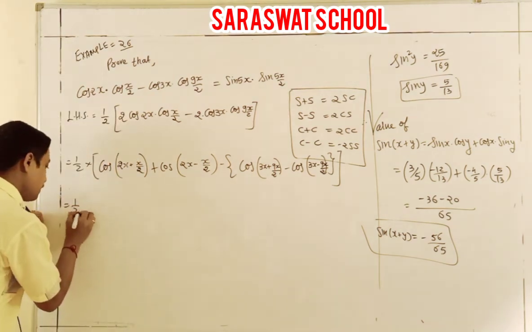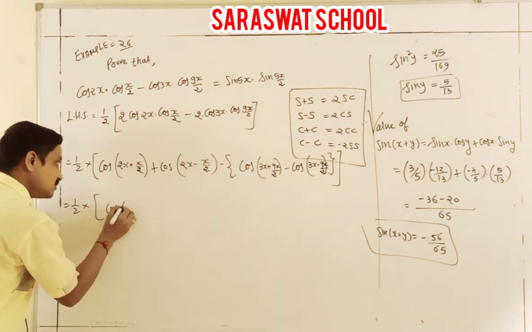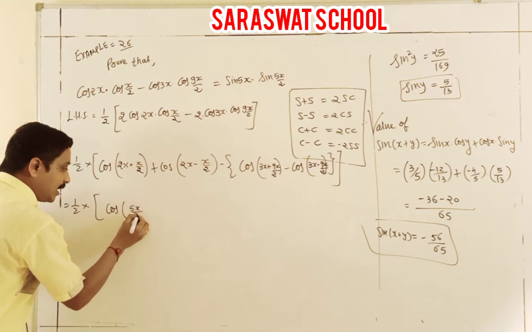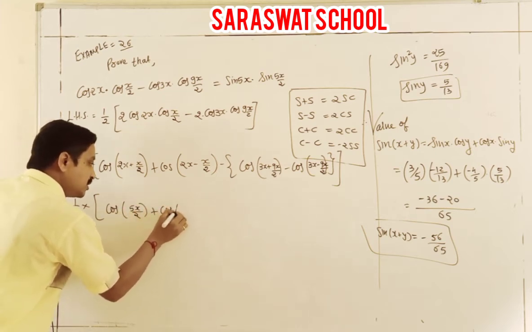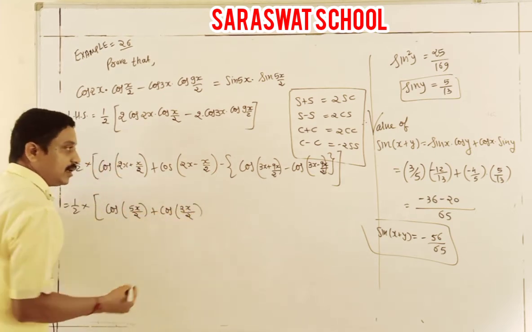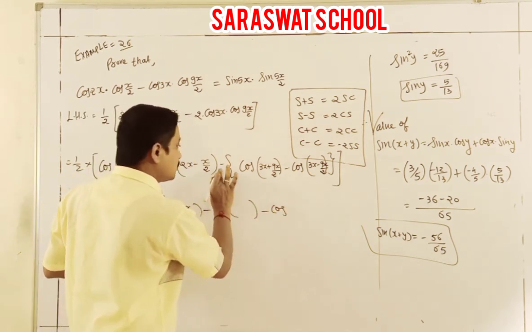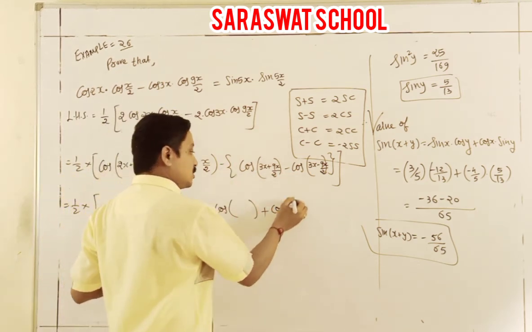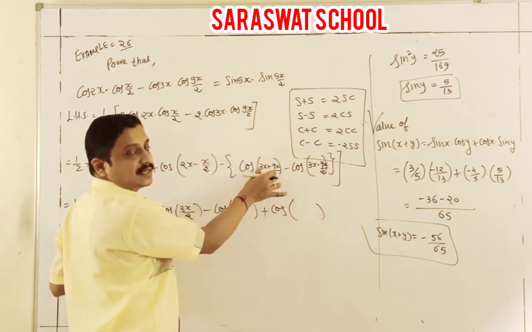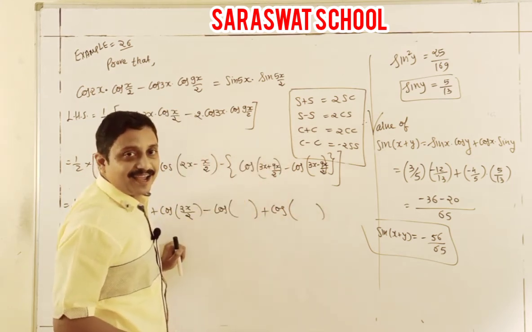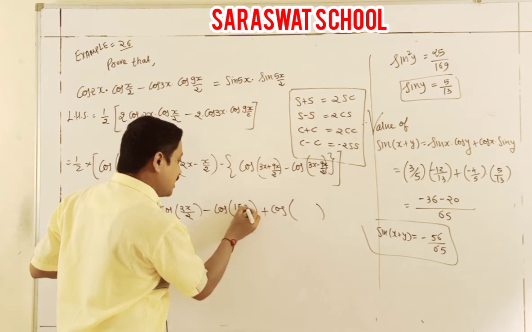Check. Half the same. Cos 4 and 1, 5. 4 minus 1, 3. And here cos, and here minus minus plus cos. 3 to the 6, 6 and 9, 15x by 2.